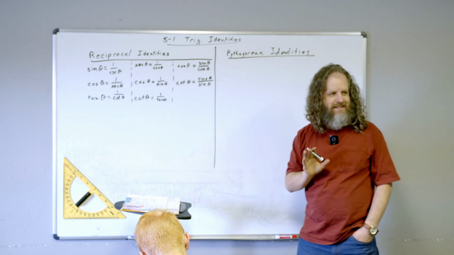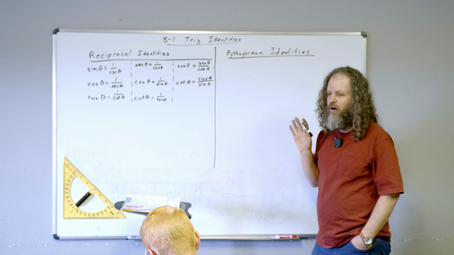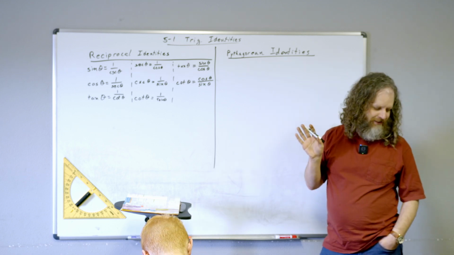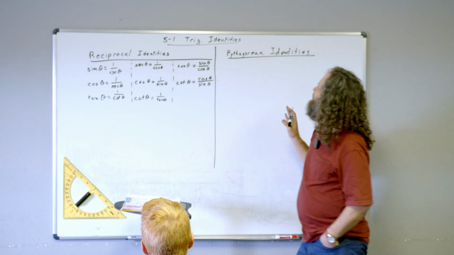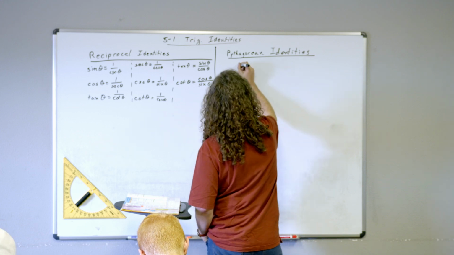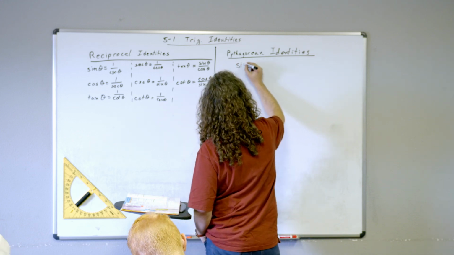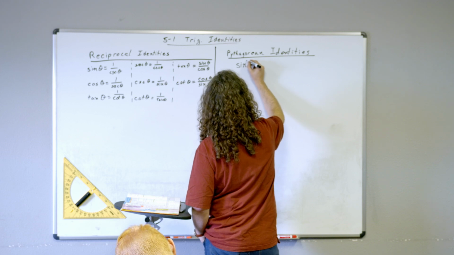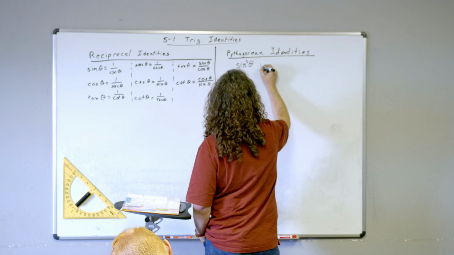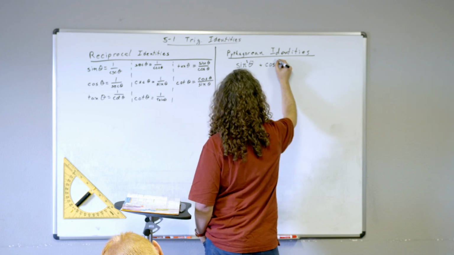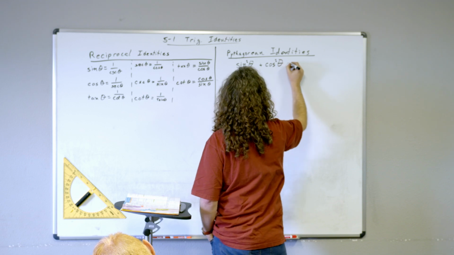The first one is an identity that you're going to use all the flippin' time. All the time. So even if I do give you a formula chart, memorize this one because it's going to show up all over the place. And that is that sine squared plus cosine squared equals 1.